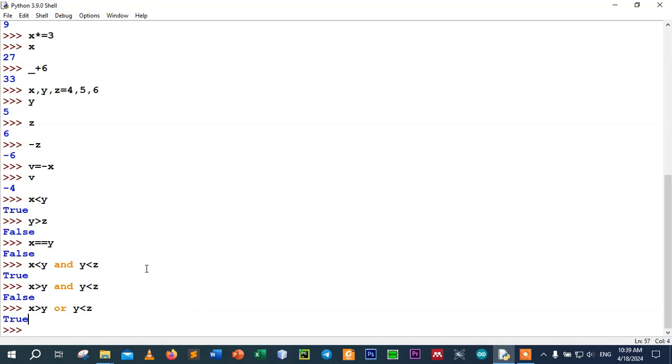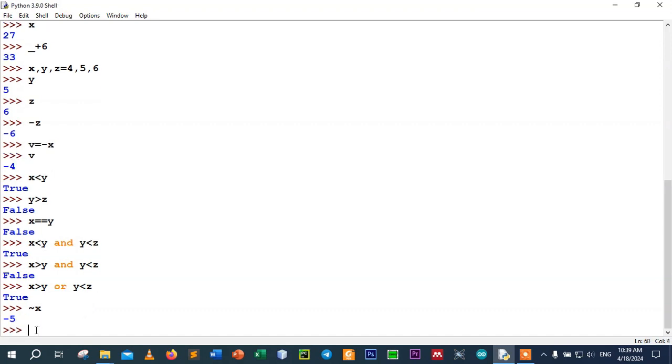The other one, bitwise operator. For example, the complement of x. That means the operator is here, complement x is -5.